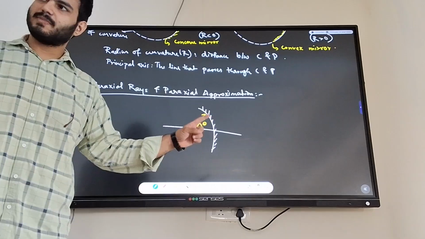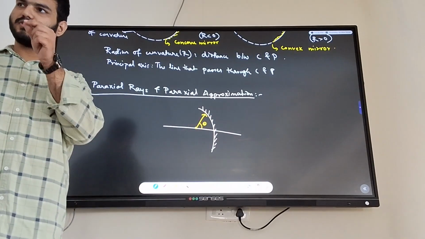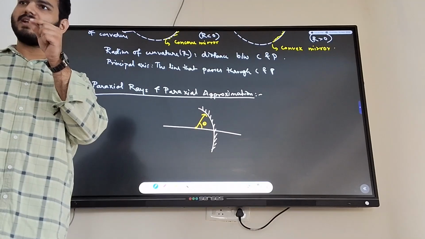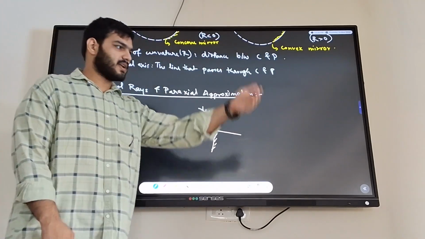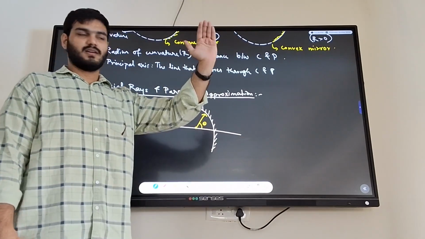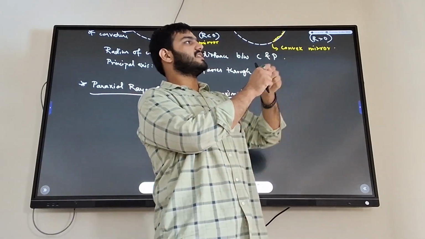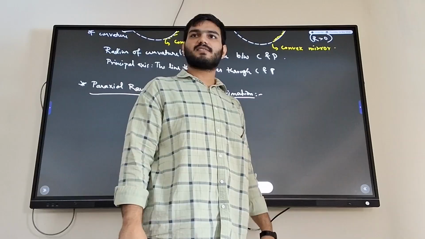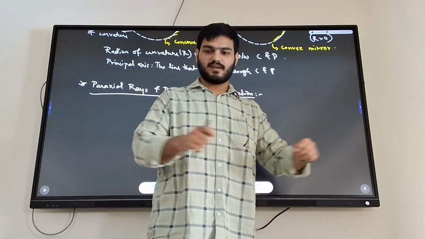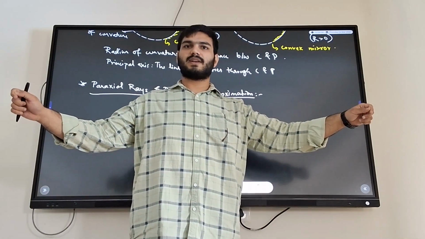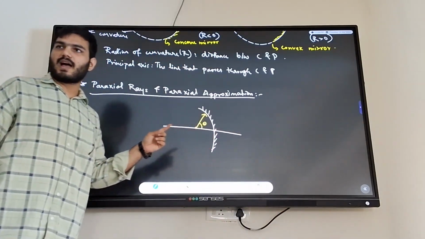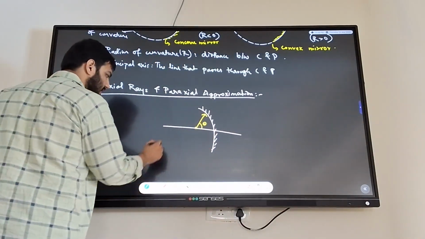To make such a big angle, how close do you have to be? You have to be pretty close, no? Normally we have objects at good enough distances, maybe 10 meters, 5 meters, 10 kilometers or something. If you take the angle at that point, how will the angle look?